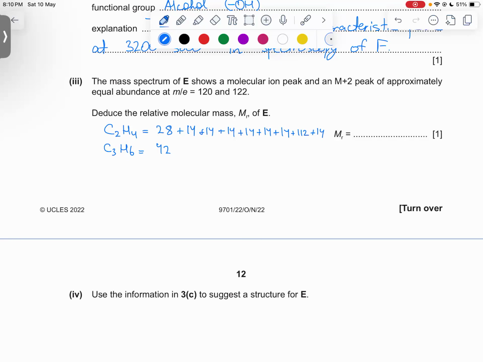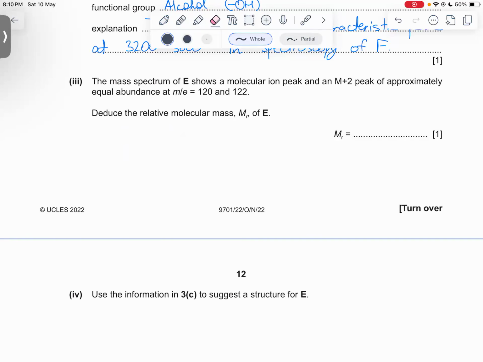Oh, but we wanted to stop at 120. This question does not even ask us for the formula. This question asks us for the MR. Sorry, my bad, we were doing it wrong. This question doesn't ask for the molecular formula. This asks for the MR.